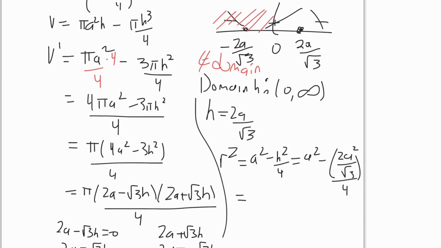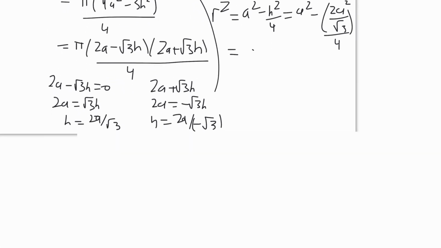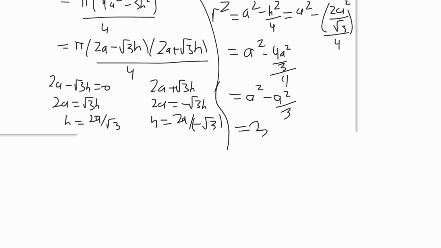So we'll get here a squared, and then we'll have minus 4a squared over 3 over 4. So the 4's actually cancel, and we get a squared minus a squared over 3, which would be 3a squared minus a squared over 3. So 2a squared over 3. And that is our value for r squared.